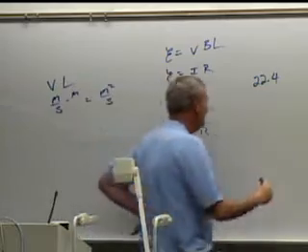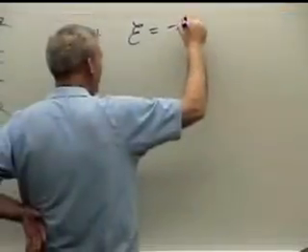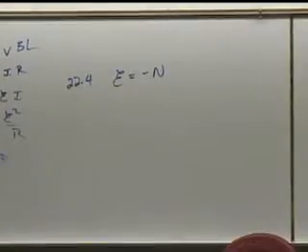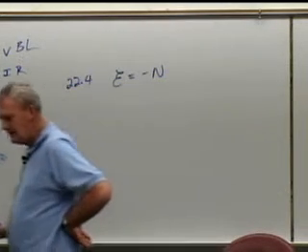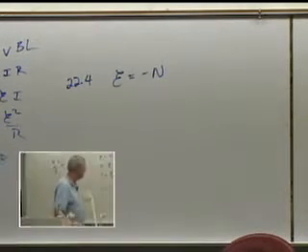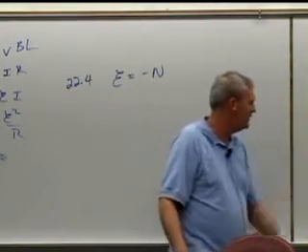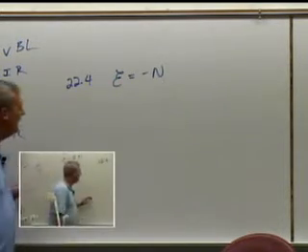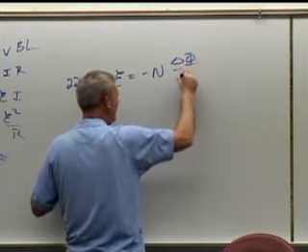So here's the real equation to the whole thing: EMF is minus N times the change in flux over the change in time. It's negative by convention, and it shows the polarity. You just put your negative sign there, do your algebra, and magic appears: you'll get the right sign for where the positive and negative charges have collected.